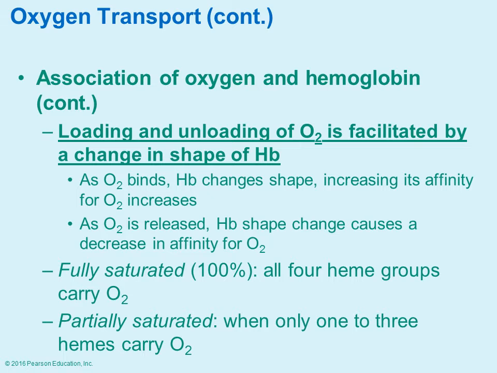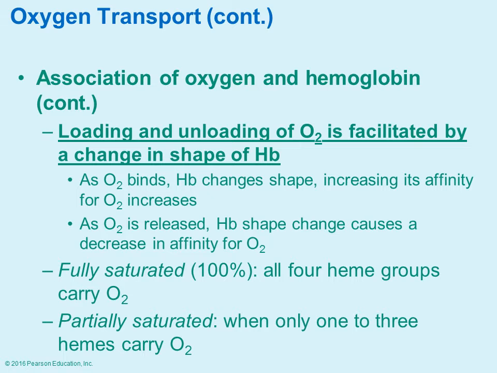So with the hemoglobin, when you bind oxygen to it, the hemoglobin is going to change shape. When you remove the oxygen, the hemoglobin is also going to change shape back to its original shape. So you have this structure that's changing because of the binding and releasing of oxygen.